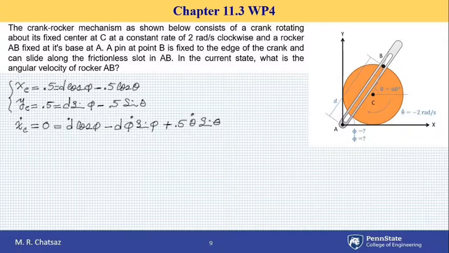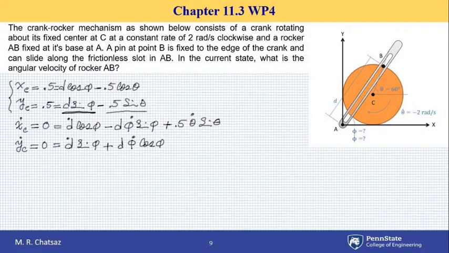If I do a similar thing with the second equation, I have y dot C equal to derivative of 0.5, which is 0. Then the derivative of this product is derivative of first times second, which is d dot sine of phi, plus first, which is d, times derivative of sine, which is phi dot cosine of phi.